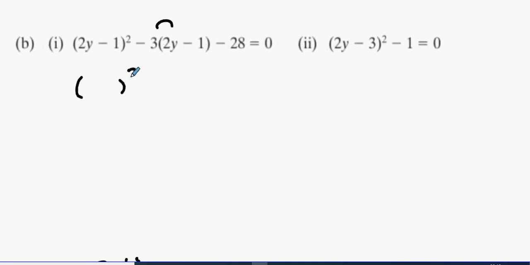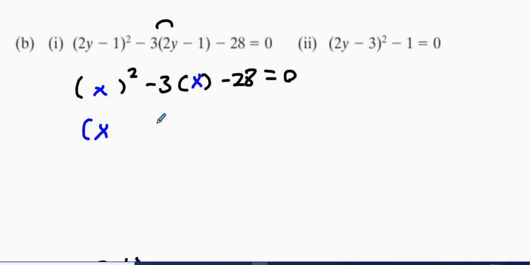Blank squared minus 3 times blank minus 28 equals 0. Pick a letter that's not in use, Chatty. Fair enough. Factorize that. Two numbers that multiply to give you minus 28 but add to give you minus 3. Minus 7 plus 4. Yep.